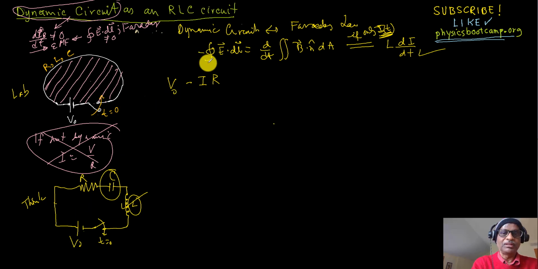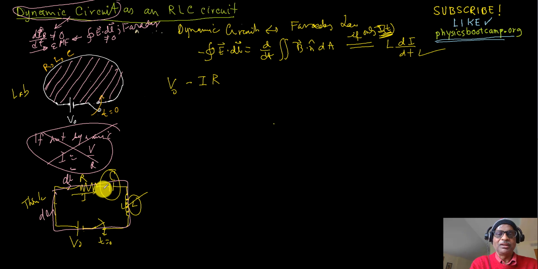This integral gives me V naught, and through the resistor it gives me minus IR, because dL is in the same direction as the current.